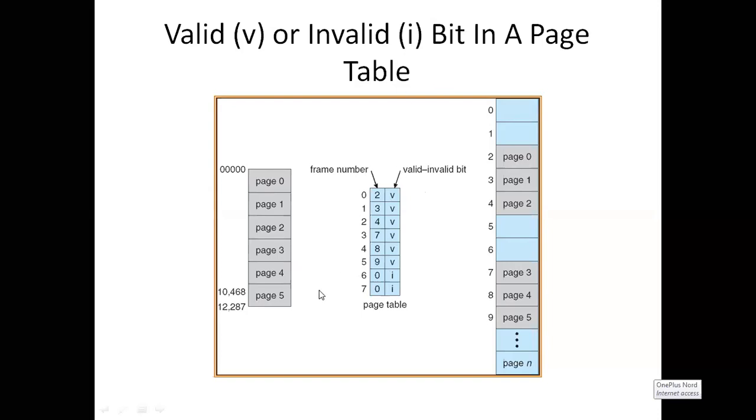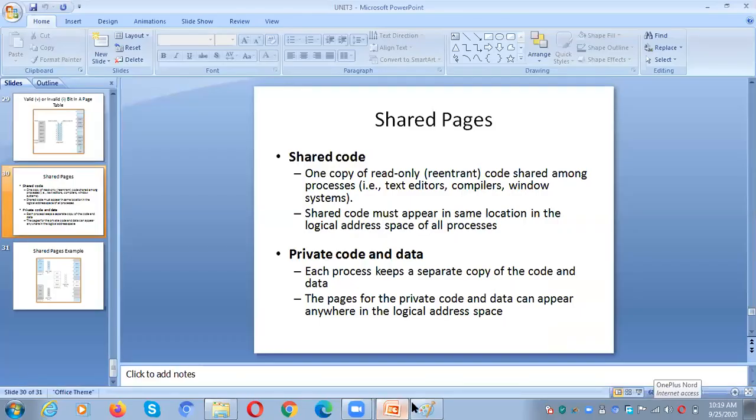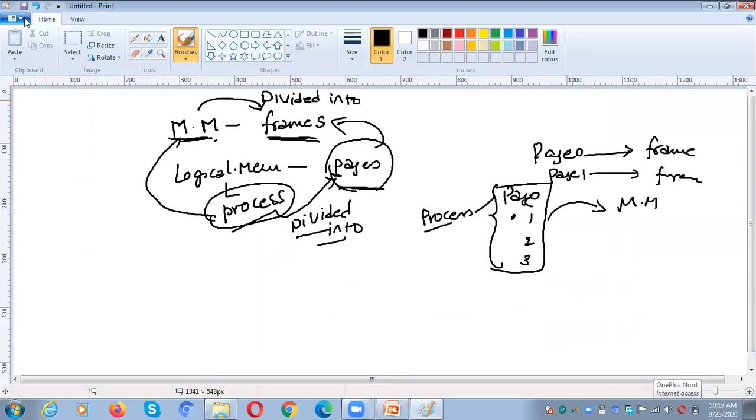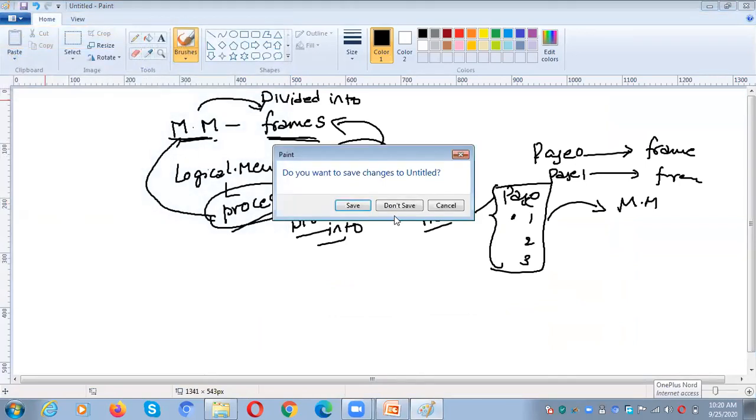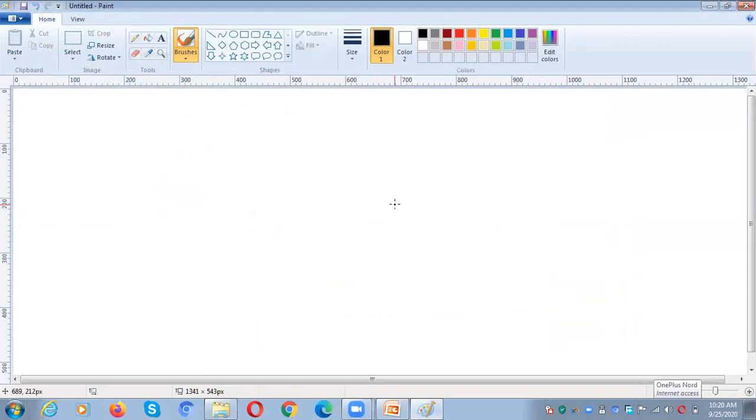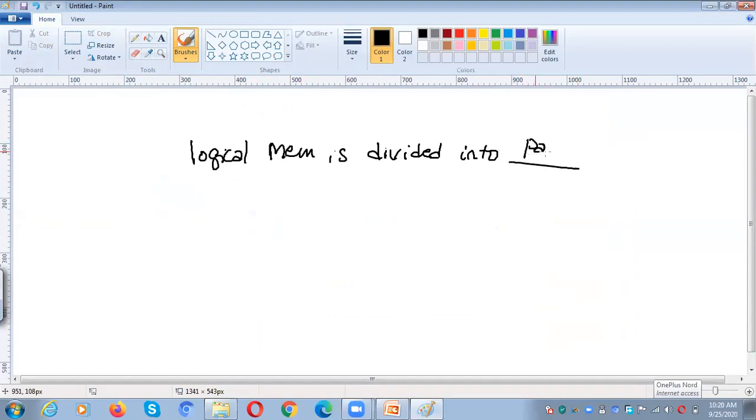And the next one, the main important concept here, I will try to use the paint. Logical memory is divided into what? Pages. And the main memory is divided into frames.